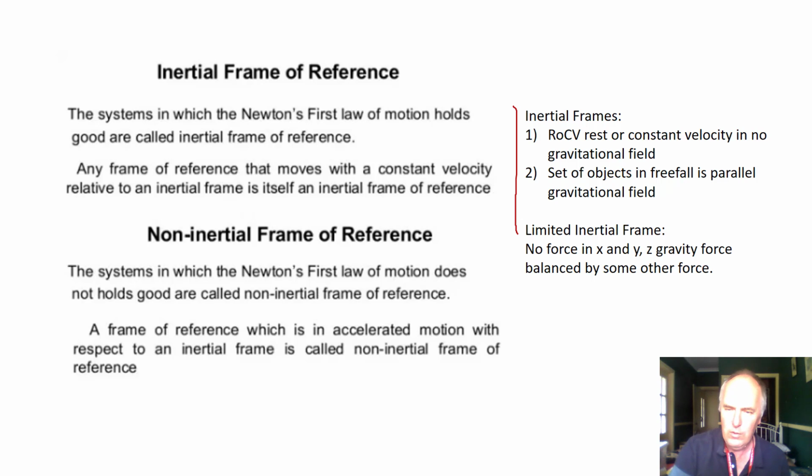You need to be objects in free fall in a parallel gravitational field. Here the gravitational field has a slight angle to it, and so you're going in a circle around a point. So in the vomit comet, the plane which goes up and down, at the top, it's your frame of reference as measured by you.